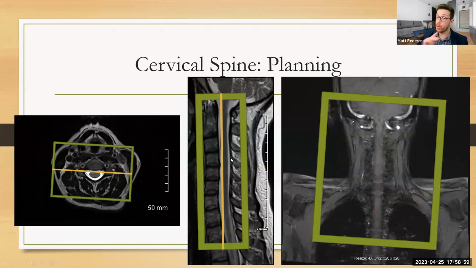Coronal images are rare. We only run these if a patient has scoliosis. We want to see on scoliosis the side curvature of the spine. So we only run coronals for scoliosis. And then we're just angling going from the posterior to anterior, covering the entire cervical spine.